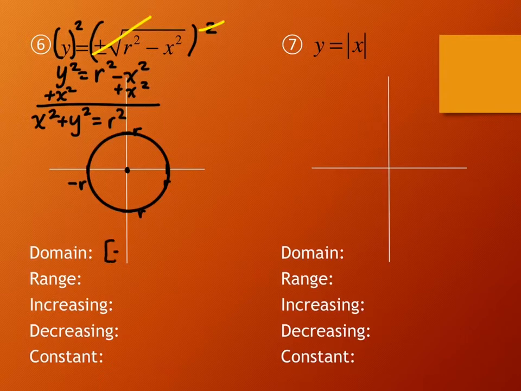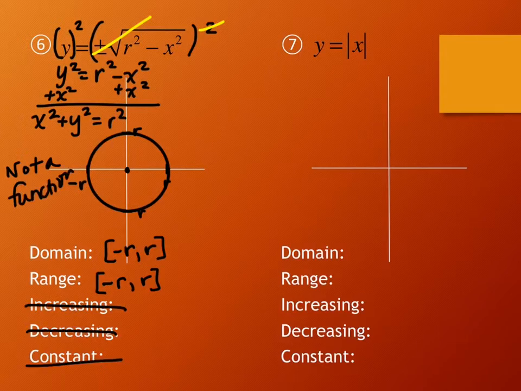Good. It's negative r to r. And the range? Same thing, negative r to r. Is this a function? No, this is not a function. And because it's not a function, we can't do the last three. So yay for not being a function. We had less work to do, right?